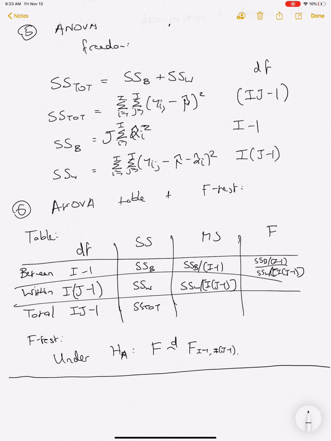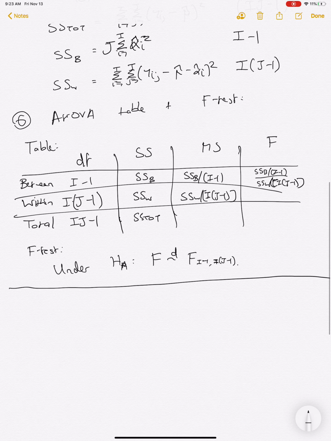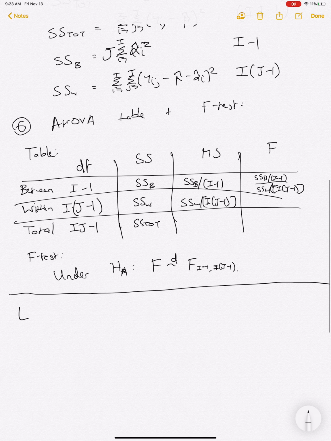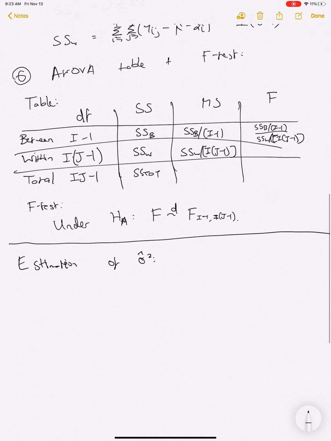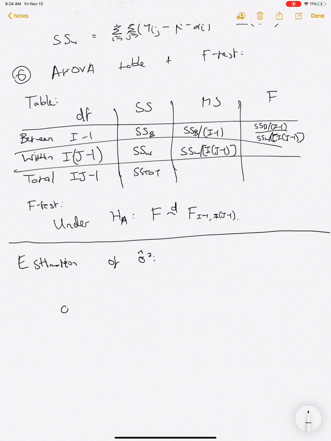I thought it was worth reminding us, because this is the framework we're going to work in for the two-way and beyond. I also want to quickly mention, though it's not the most important thing, how we estimate sigma hat squared. There's a very straightforward estimator, which is the sum of squares within divided by the degrees of freedom.